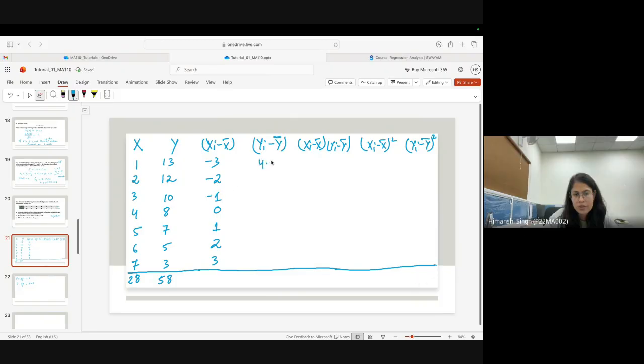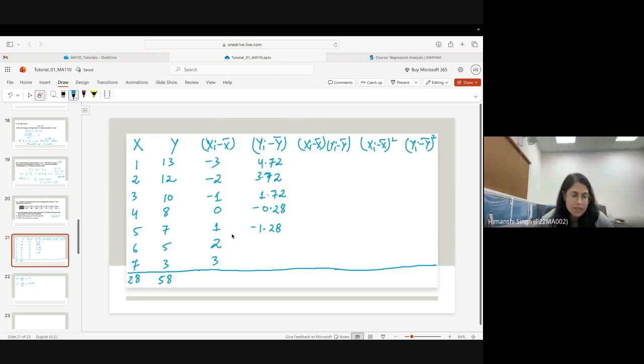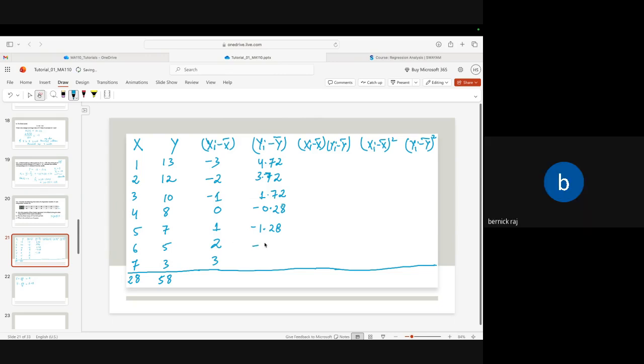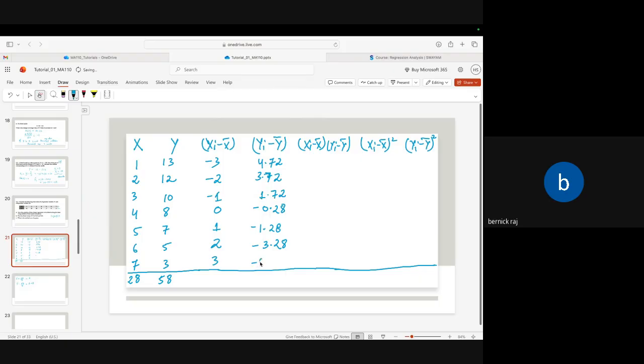Now 12 minus 8.28 is 3.72. 10 minus 8.28 is 1.72. 8 minus 8.28 is minus 0.28. 7 minus 8.28 is minus 1.28. Then 5 minus 8.28 is minus 3.28, and the next one is minus 5.28.